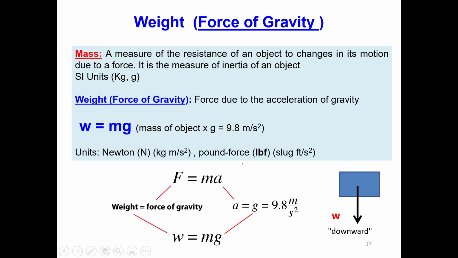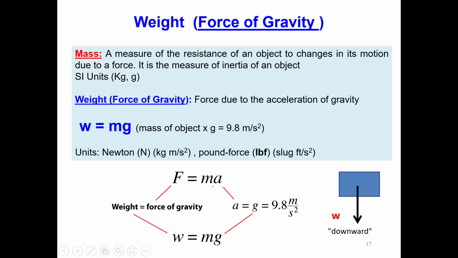Then if we define the weight as the force due to the acceleration of gravity, and we use this equation to find the equation for weight, what is the force? Force is the weight. Mass is the mass of the object. But in this case, the acceleration is the acceleration of gravity, which is 9.8 meters per second squared.